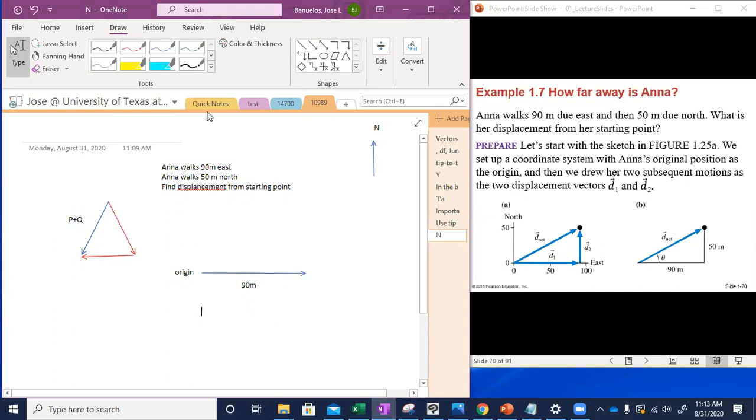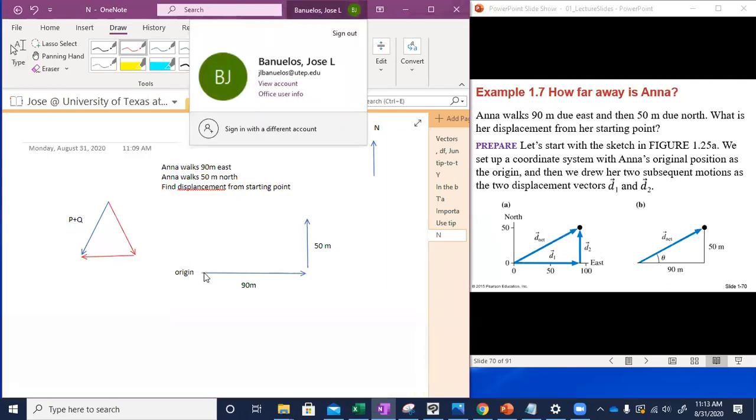Then it says she's going to walk 50 meters north. So from the point where she just finished walking east, she now goes upward a distance of 50 meters. The nice thing about this problem is that we've got a 90-degree angle between those two directions, so we're going to have a nice right triangle.